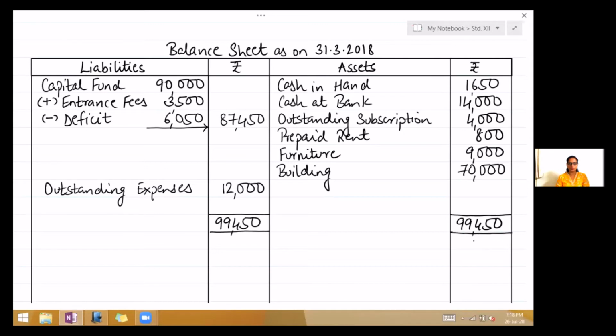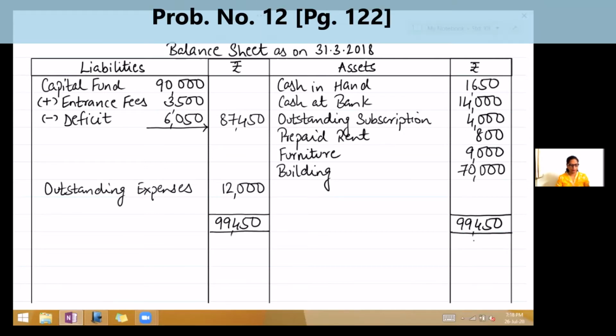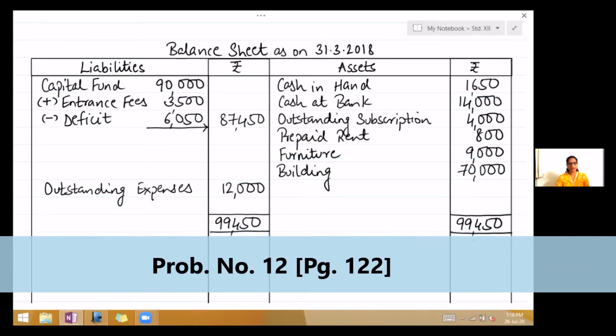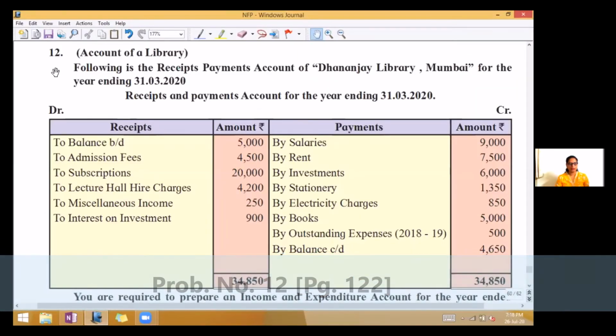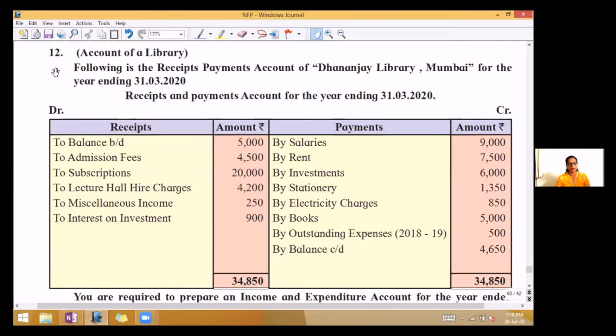Now we move on to problem number 12 on page 122. Following is the receipts and payments account of Dhananjay Library, Mumbai for the year ending 31st March 2020.